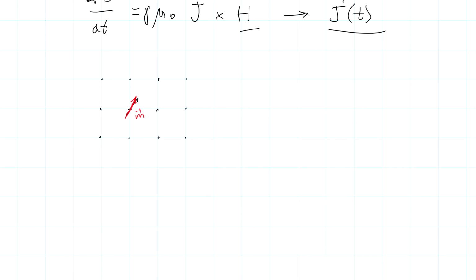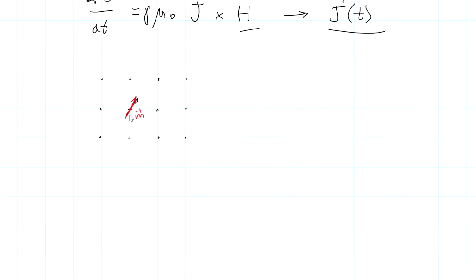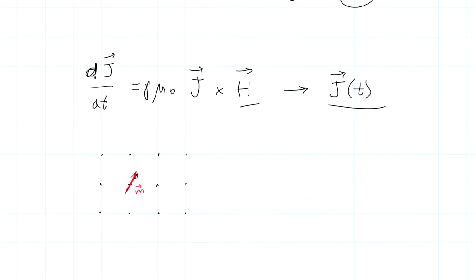So here is your M or J, it doesn't matter, they're directly related. What it means is the following. You have the magnetic moment M or J, let's say J, this one, in the presence of field H. This H can be an external magnetic field. But at the same time, you should remember that there are other magnetic moments here and there.